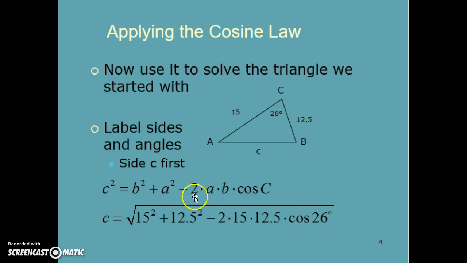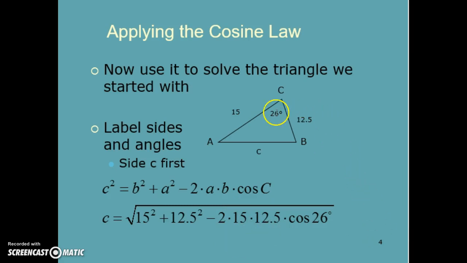So let's plug in the information that we know. We know the measure of side A is 12.5. So here's A squared. We know the measure of side B is 15. So there's B squared. Here is also A and B, or actually I guess that's B and A, but with multiplication, it doesn't matter.